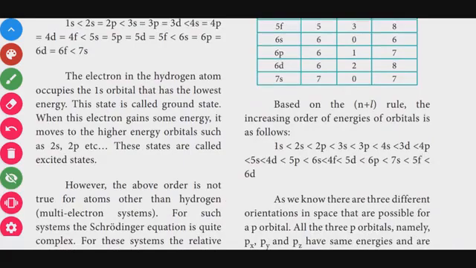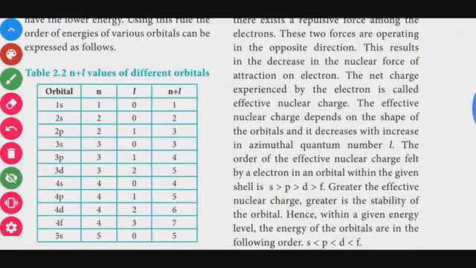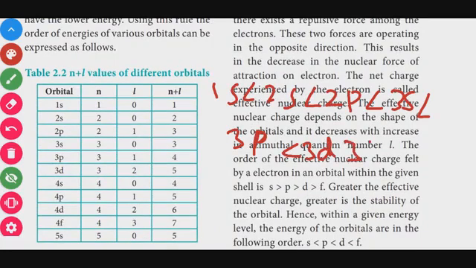I will write one more time, just listen. 1s orbital has less than 2s, and 2s has less than 2p, 2p has less than 3s, followed by 3p. After 3p comes 3d, after 3d comes 4s.